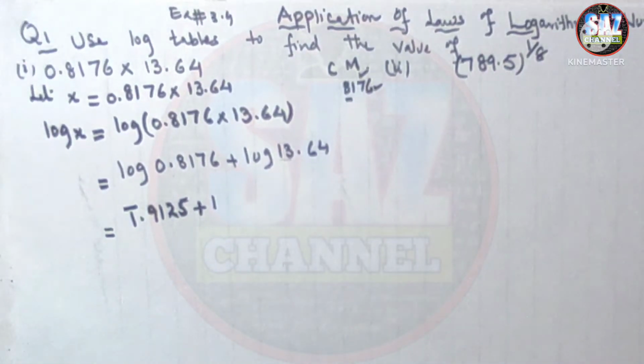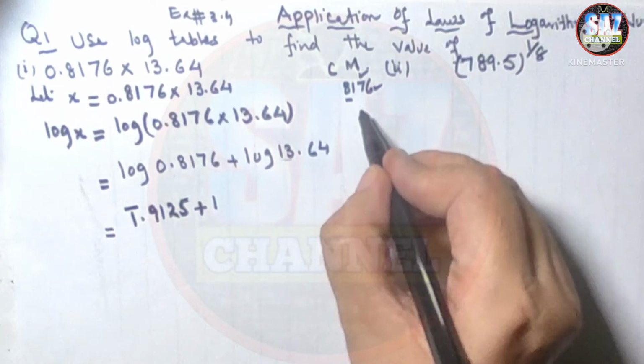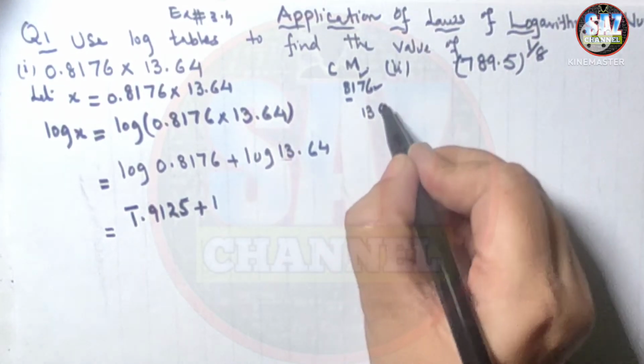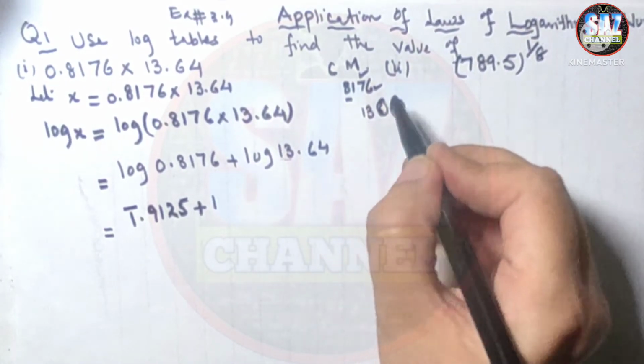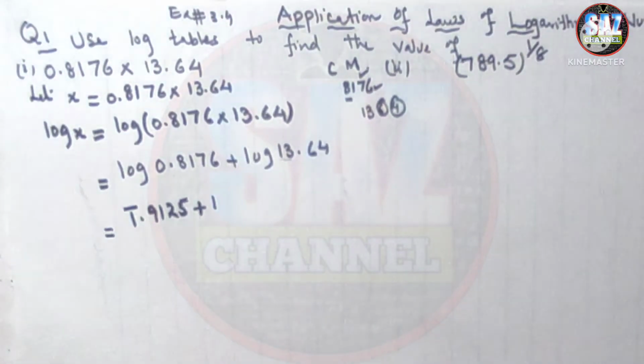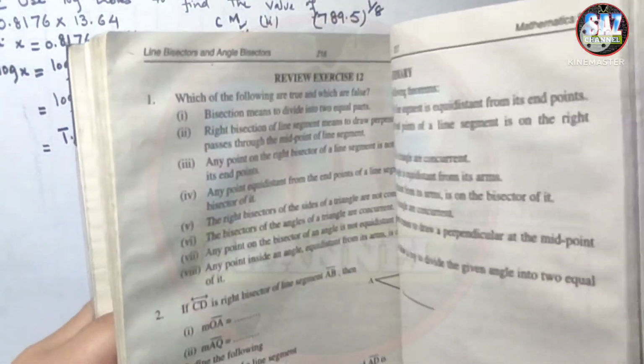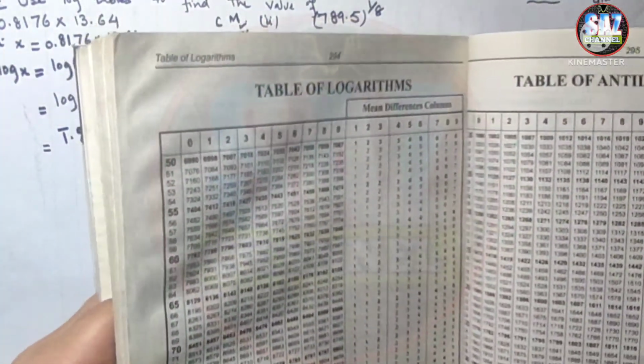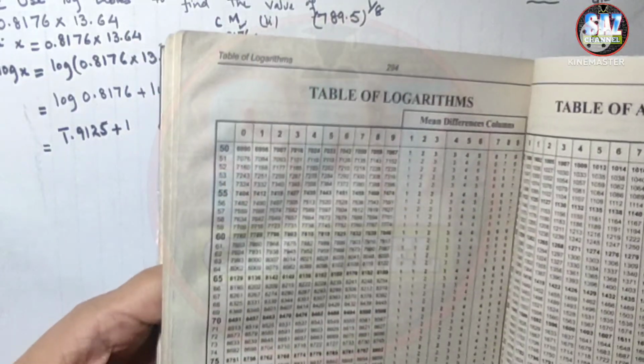And then I have to locate 13 in the column of 6, and then check the difference column 4. Let me again keep my book under the camera so that my students can see how we are locating all these values.